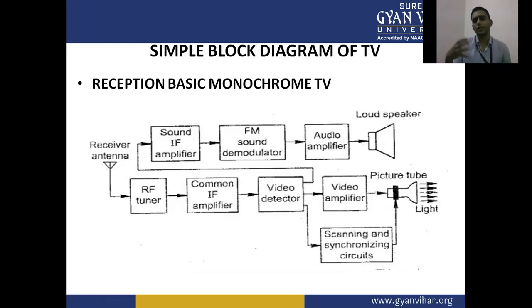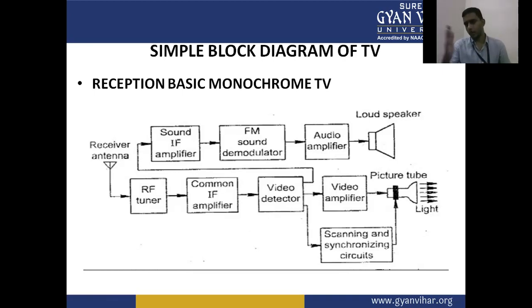Here we will use the different types of FM demodulator, which were studied in previous semesters. In the next section, we have audio amplifiers. This amplifier is used to amplify the audio signal to a certain level.